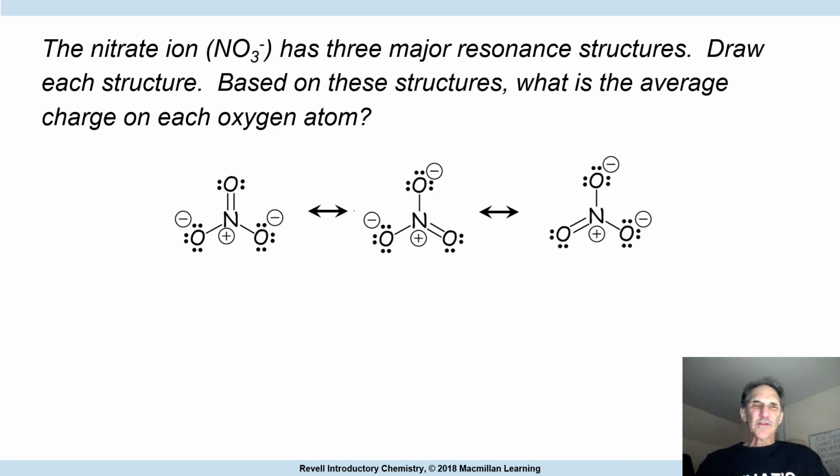I'd like you just to be able to recognize and know that resonance structures exist, and it's a way to make molecules or ions more stable. If possible, they move around some of the pairs of electrons.